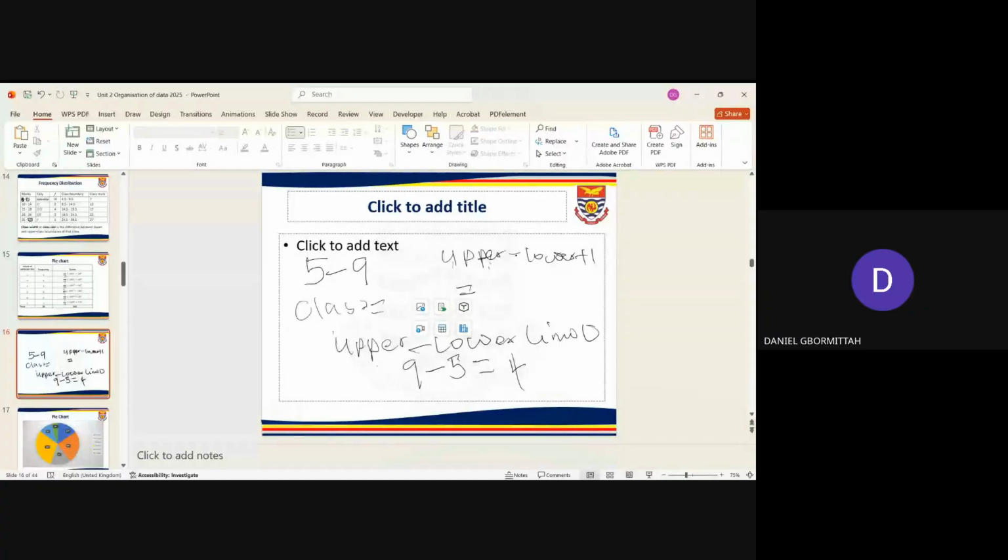So upper minus lower plus 1, right? Yes, sir. So that will give us 4 plus 1, and that will be 5.